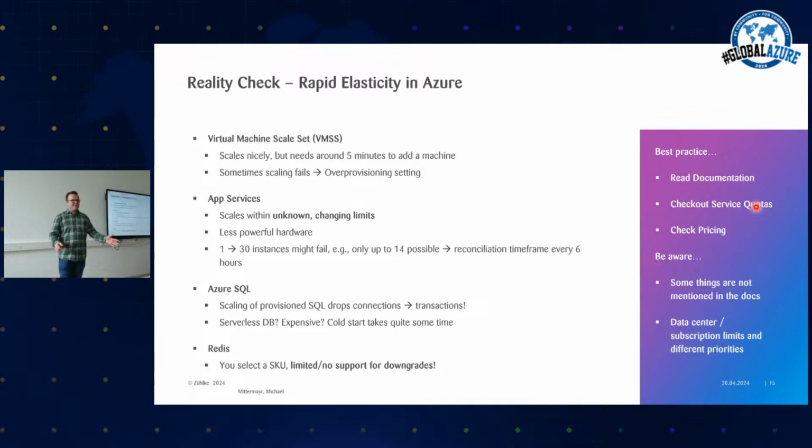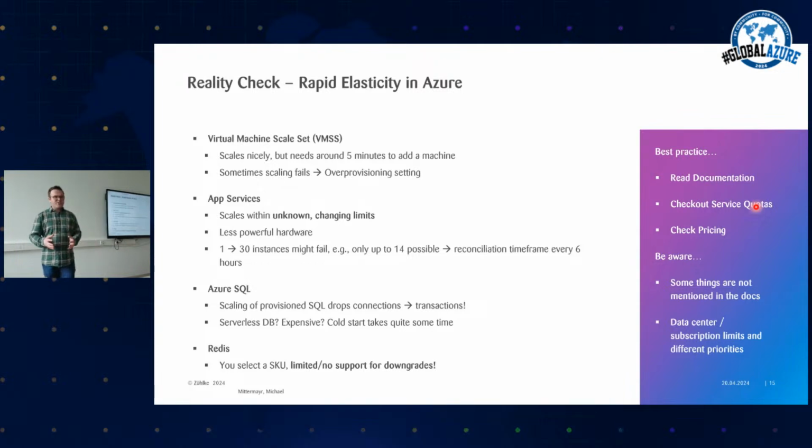But that's quite expensive, because a single vCore hour with a serverless tier is about 3 times the price of the provisioned one. So you need to do the math if this is really a use case for you to operate your application using a serverless tier of your SQL database.